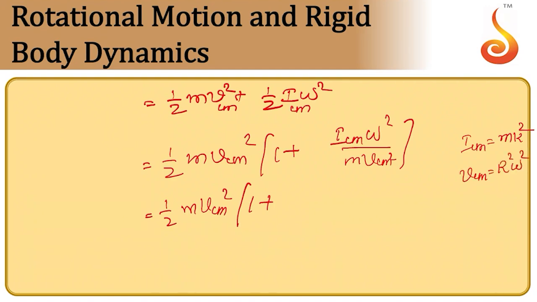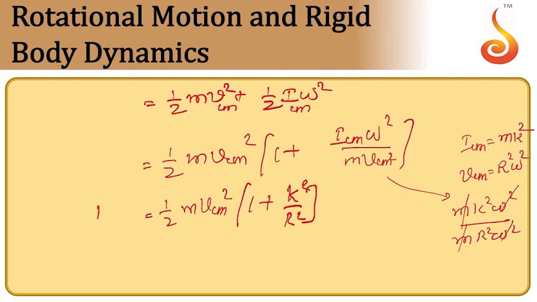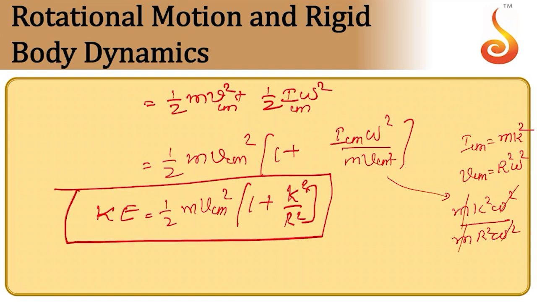So ICM is mk square omega square divided by m into r square omega square. M's cancel, omega squares cancel, and we are left with 1 plus k square divided by r square. So the total kinetic energy of a body which is rolling is given by half m vcm square into 1 plus k square divided by r square, where k is the radius of gyration.